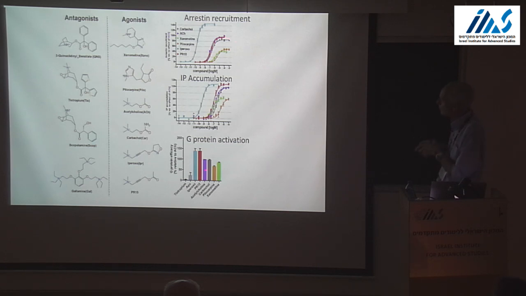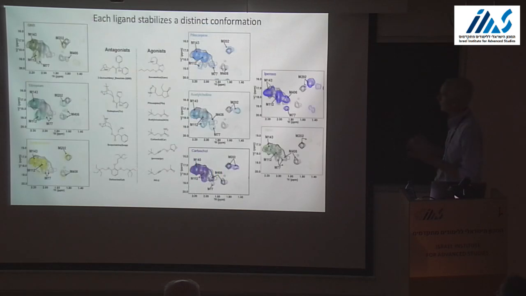So we have an interesting spectrum from inverse agonist to full agonist and superagonist. To cover this very quickly, every ligand stabilizes a distinct spectrum. No ligand stabilizes the same spectrum as the apo state. Even the antagonists all stabilize unique spectra.